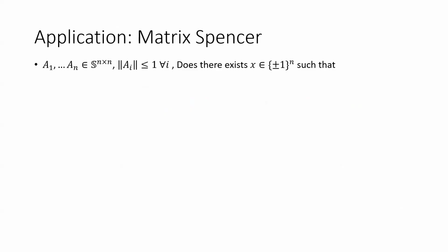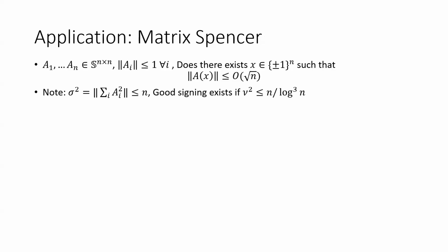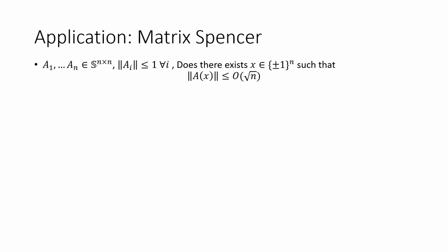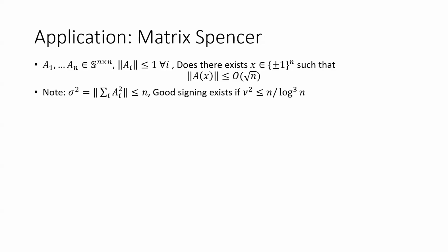It basically says that if we're given a set of symmetric n by n matrices, where the norm of each is bounded by 1, does there exist a plus minus 1 signing of these matrices so that the norm of the signing is upper bounded by root n? So you have n matrices of n by n. And it's the signed sum itself, yes.